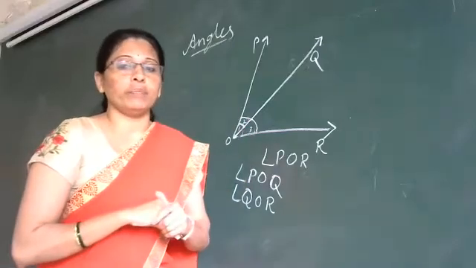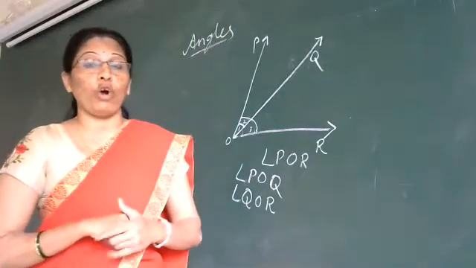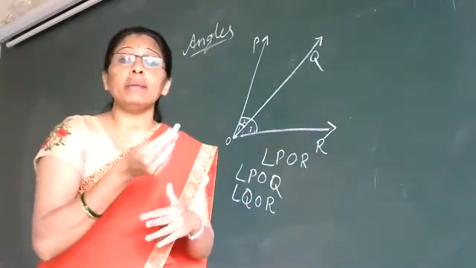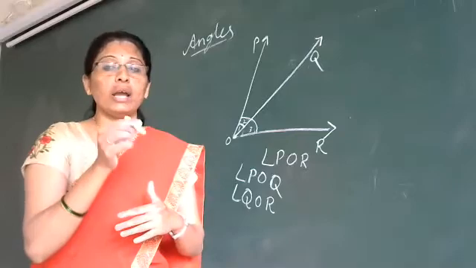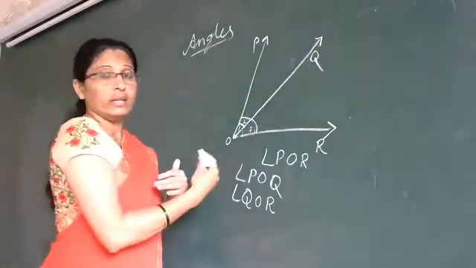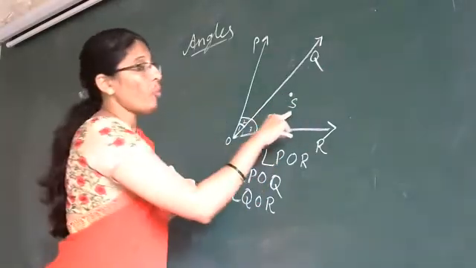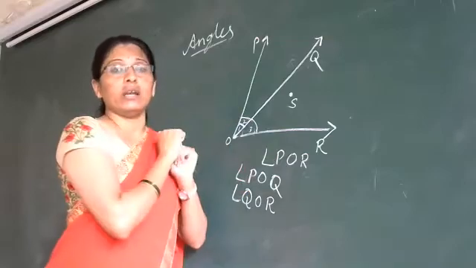Now, one more thing. Next is the interior and exterior of an angle. Interior means the points which are lying inside the angle. Now, this is an angle. If I write a point S here, this point is inside the angle.